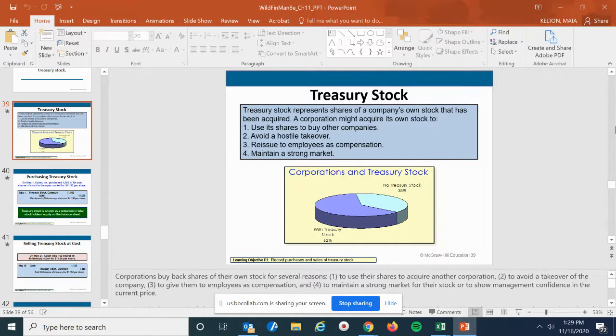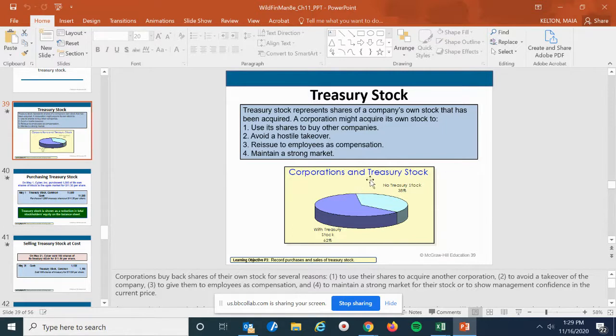We call that a hostile takeover. Or they may be buying their shares back as treasury stock to use those shares to buy other companies. So there are several different reasons why companies would do that. Most companies have treasury stock, as you can see below. About 62% of all companies have treasury stock. So at some point they have bought their stock back.